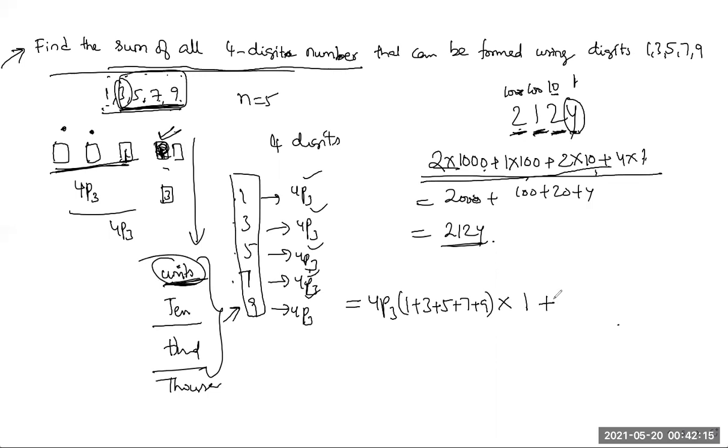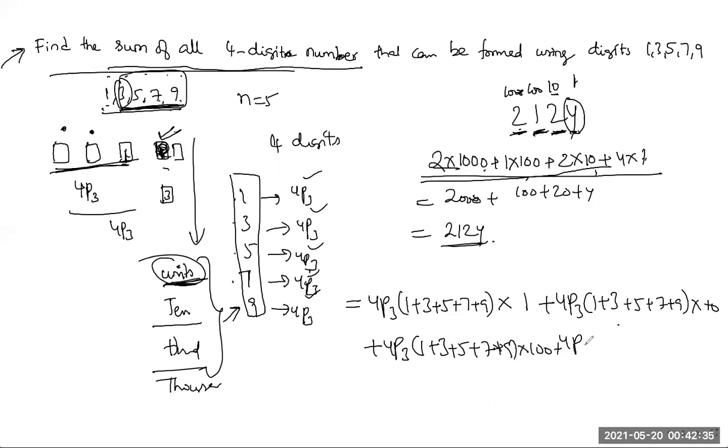And the same will repeat for tens place also: 1 plus 3 plus 5 plus 7 plus 9 into 10. The same will repeat for hundreds place also: 4P3 into 1 plus 3 plus 5 plus 7 plus 9 into 100.